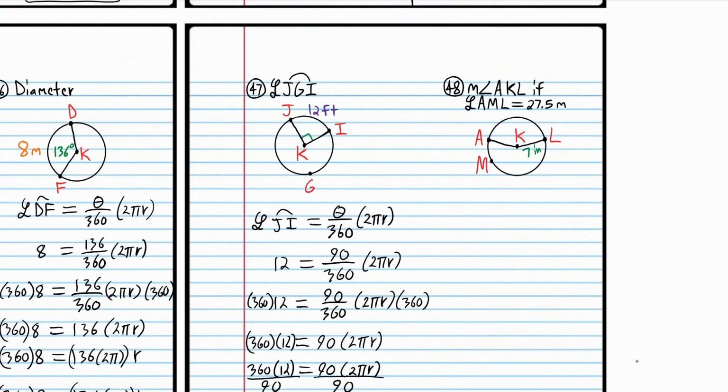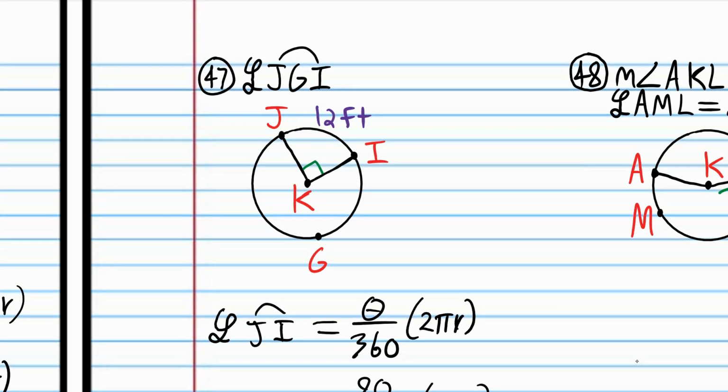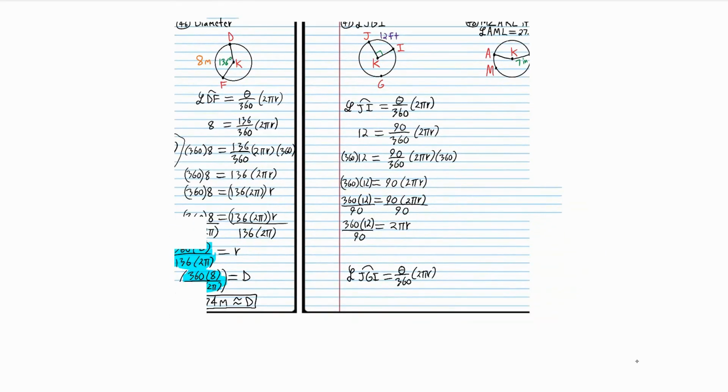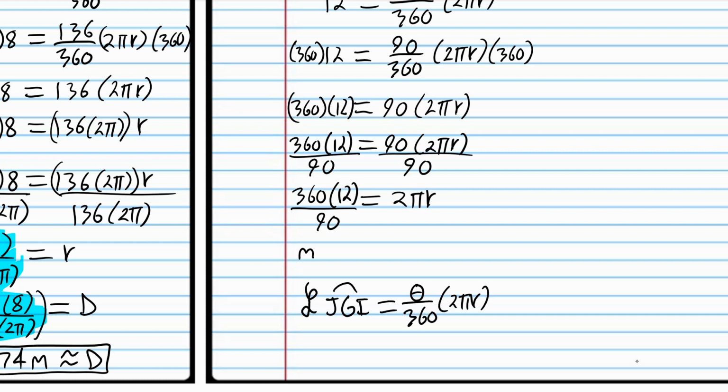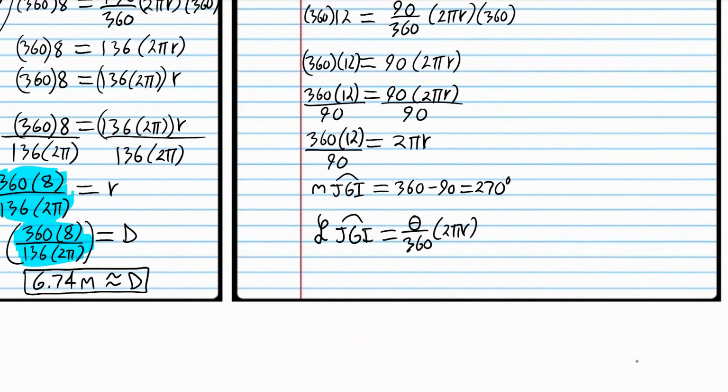The central angle of that arc, GJI, this arc here, remember that's going to be 360 minus 90. So we have to do that first. So the measure of arc GJI is equal to 360 minus 90, which is 270, and now we can plug that in to that formula.